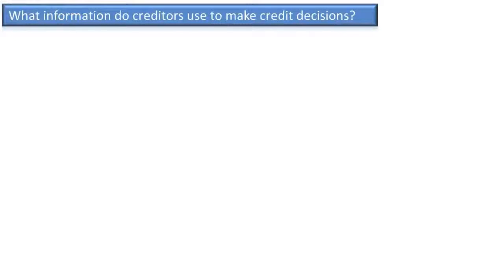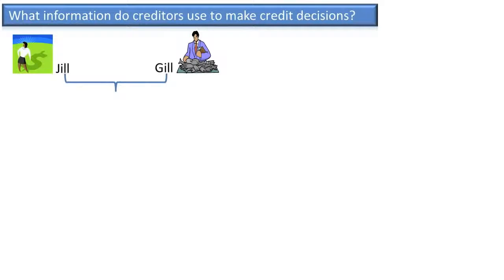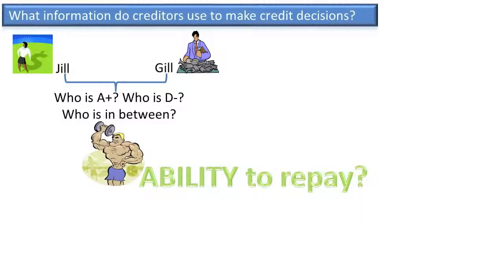What information do creditors use to make credit decisions? One of the challenges creditors have when trying to make credit decisions is obtaining sufficient information and properly analyzing it to distinguish between the A+ and the D- borrowers. The result of their analysis should help answer the following 5 key questions. 1. Do I believe this borrower or customer will have the ability to pay the money back as promised? 2.